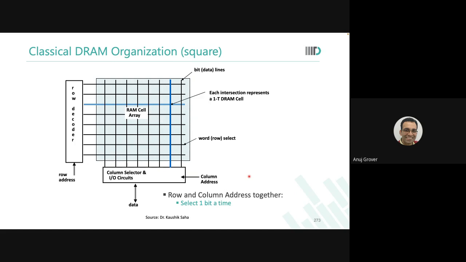You only wanted a limited number of pins for addressing. So you say that the same address bus you will use for decoding the rows and the columns. If it's 10-bit, then it is 1K rows, 1K columns. If it's 20-bit, then again the same number of rows and the same number of columns. That is why, in terms of number of columns and rows, DRAM arrays are always square.